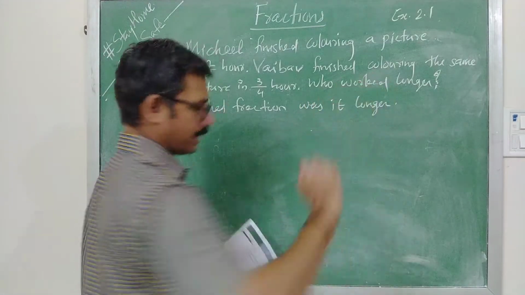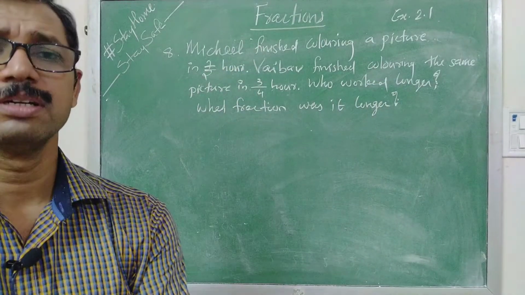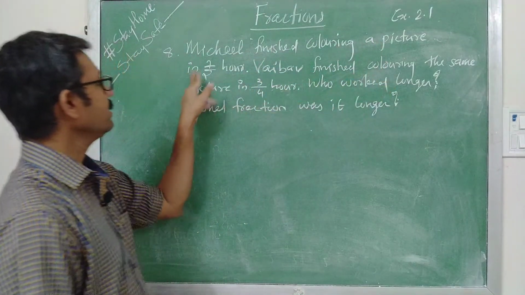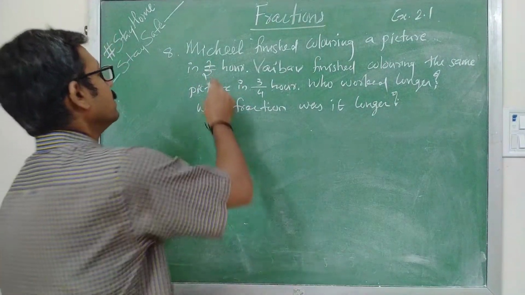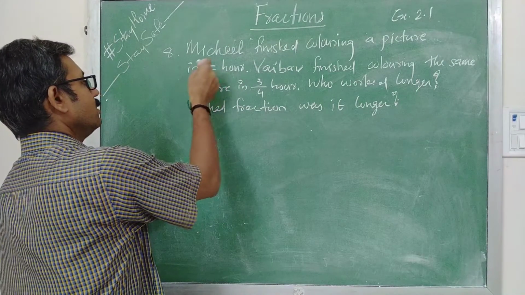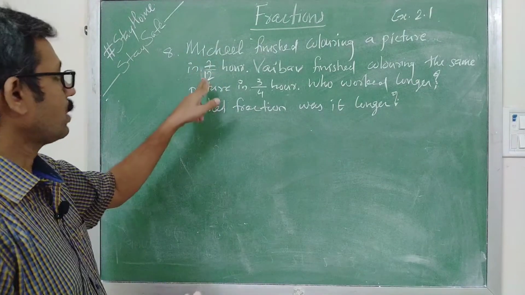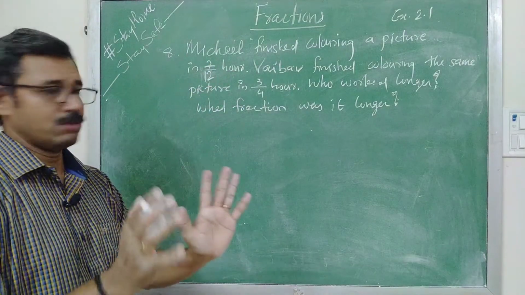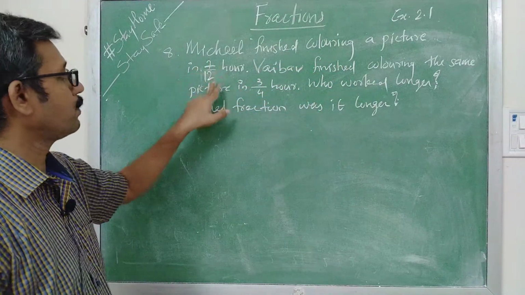Look children, do you understand the question? I hope so. Michael finished coloring a picture in 7/12 hours. Sorry, it is 7/12 hours. That means 12 is the total time given, and among that 7 parts are used. So he finished coloring the picture in 7/12 hour.